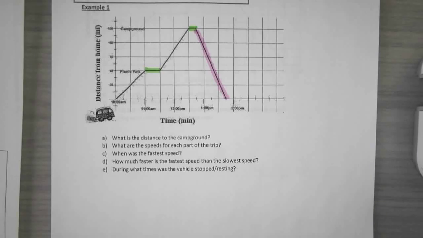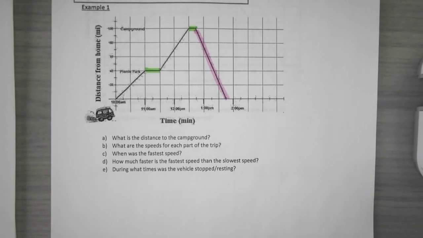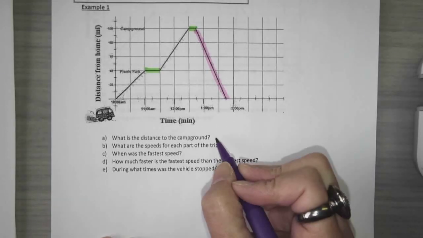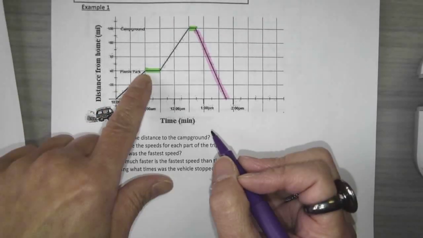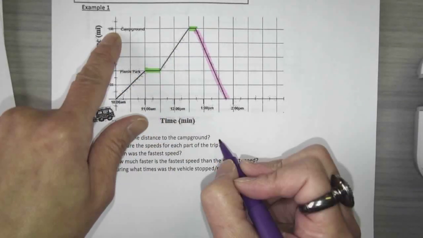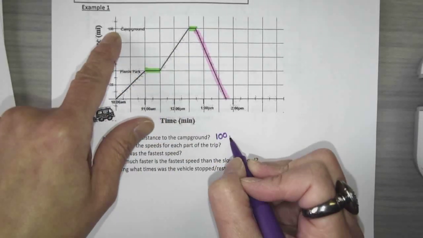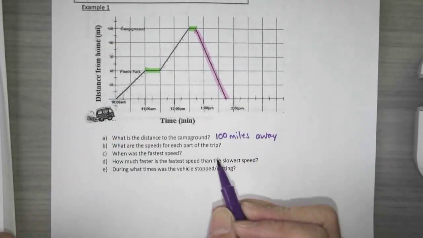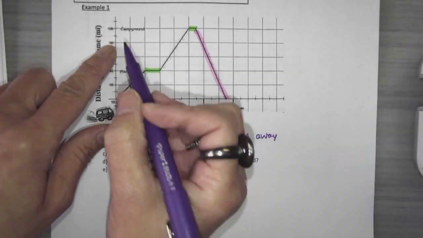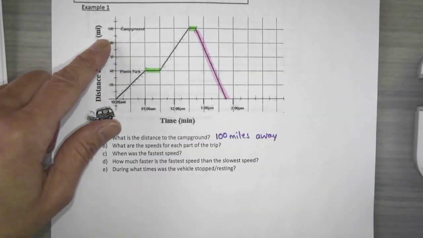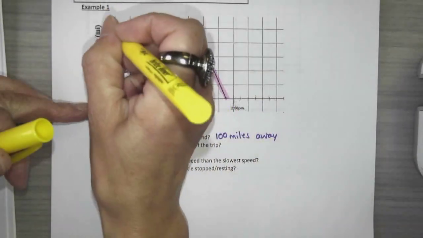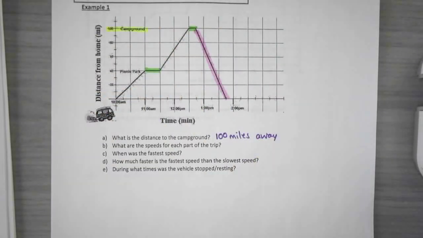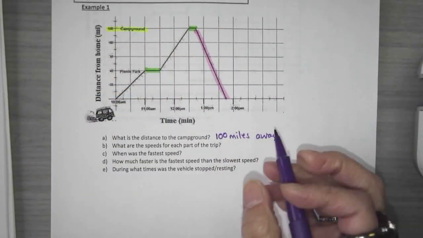So reading off of this, the distance to the campground for A looks like this is picnic, this is 100. So the distance would be 100 miles away, because we're reading 100 to the campground. So I'm reading this part right here, 100 to the campground. Okay, so that's for A.